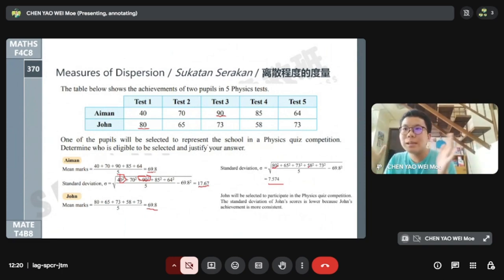So we see the deviation. The smaller the SD, sisihan piawai, the more consistent the data. So John was selected to participate in the quiz.